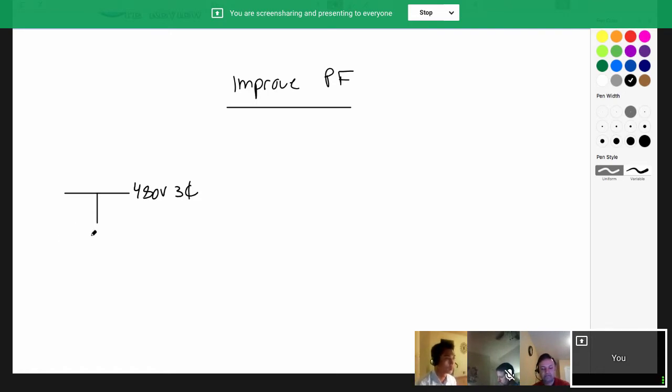And I've got a total amount of motor loads such that the load it draws is going to be a total of 50 volt amps at an angle of 30 degrees. So that's our load.